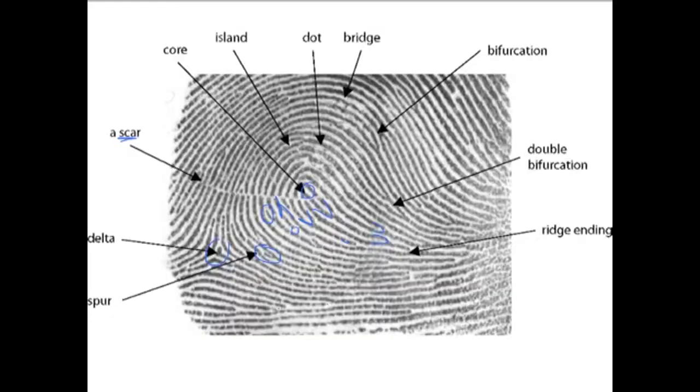Now, one thing to consider though is that when we are inking prints, which we're going to do tomorrow, if you use too much or too little ink, it can create incorrect ridge characteristics. You can see minutiae that aren't actually there, or maybe you won't see ones that are there.